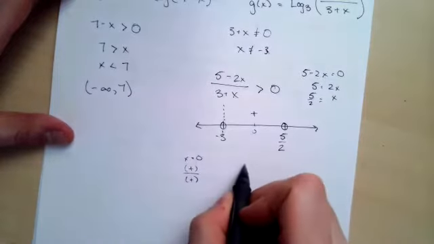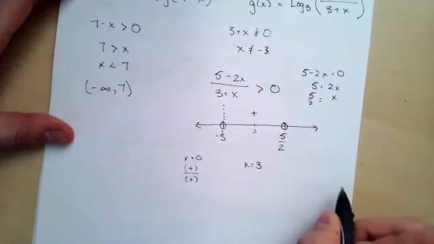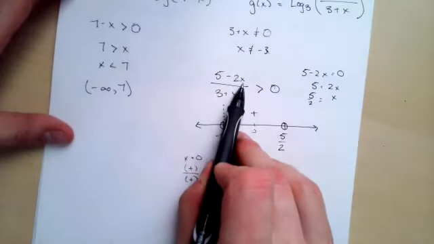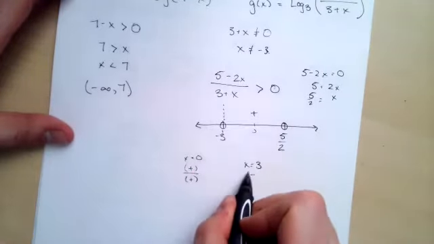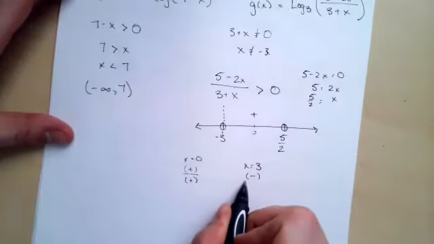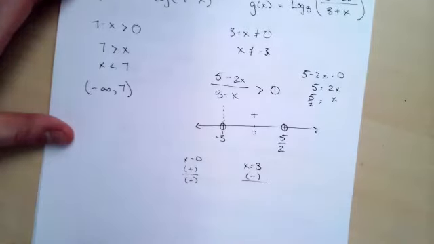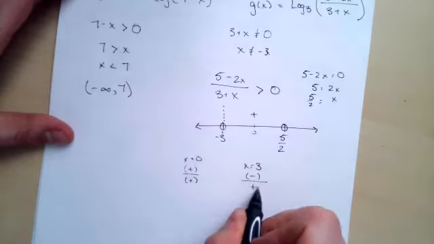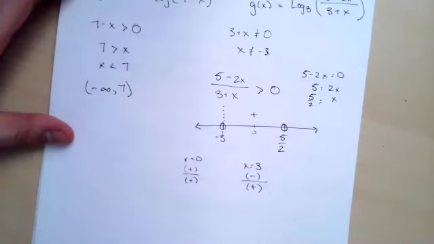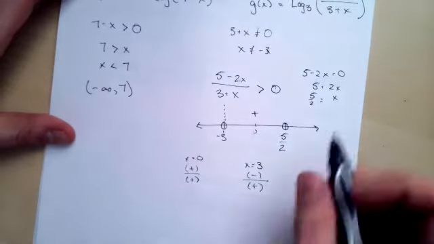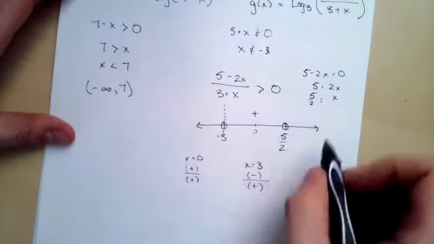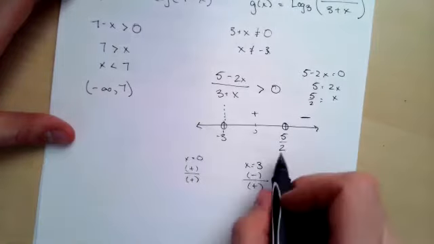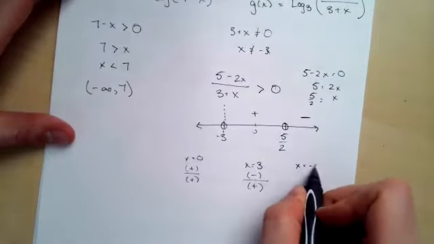Pick a number over here. Let's say x equals 3. 5 minus 2 times 3, 5 minus 6 will give me a negative number in the numerator. And the denominator will be 3 plus 3, positive. So our overall expression in this case is negative. And then we pick another test point in the left region, x equals negative 4.